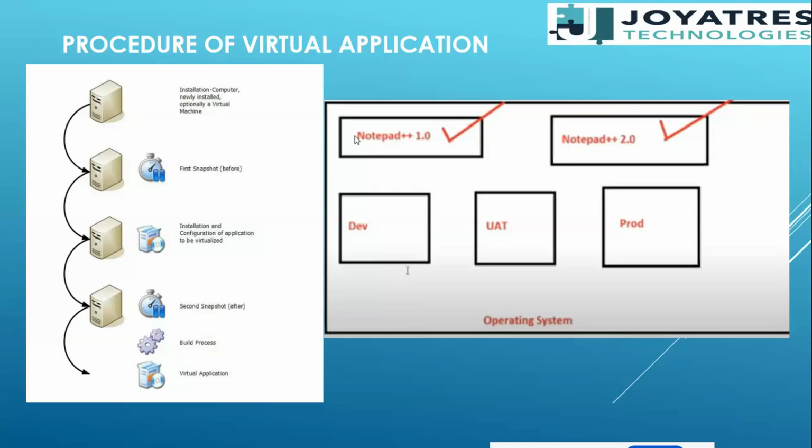This is one of the major advantages of using an AppV application, which is not there in any physical application. Because in physical, it installs in the same place. If you install Notepad plus plus version 1 in C program files, the same way it will be installed for Notepad plus plus 2, so then it is obviously going to collide. That is not possible in physical, but in virtual you can have two different versions at the same time.